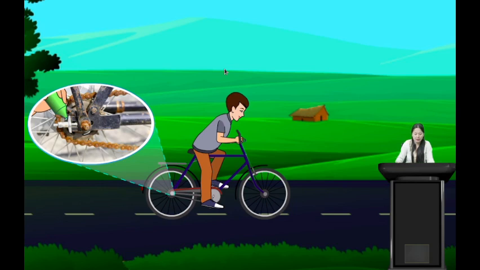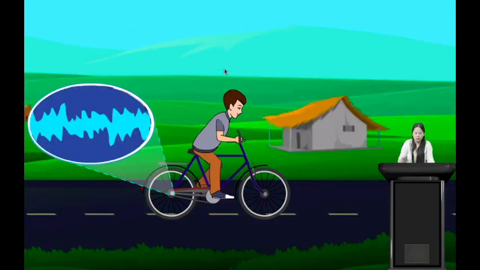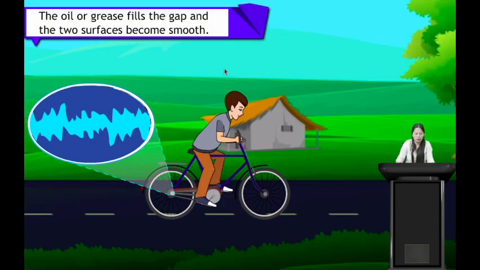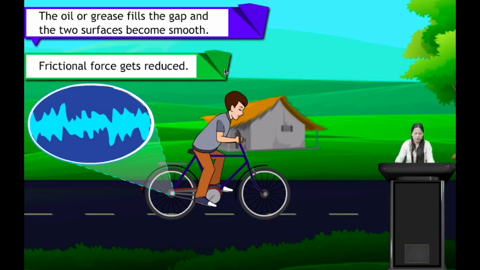But when he applies oil on his bicycle, the oil fills up the space and makes it smooth. So now he can ride the bicycle easily. The oil or grease fills the gap, and the two surfaces become smooth. Frictional force gets reduced by applying oil or grease.